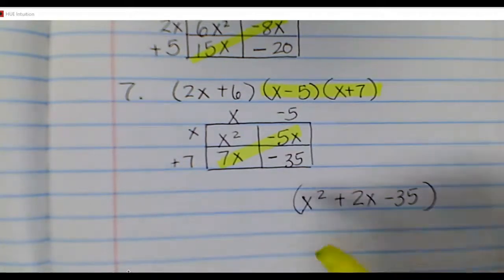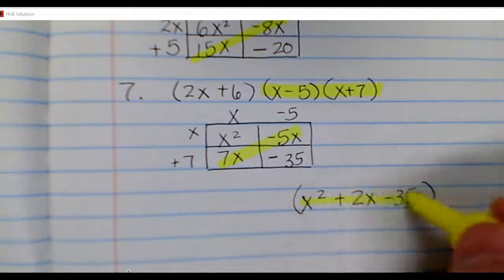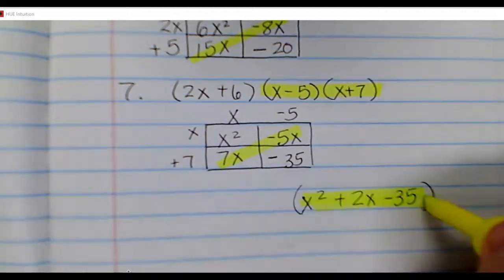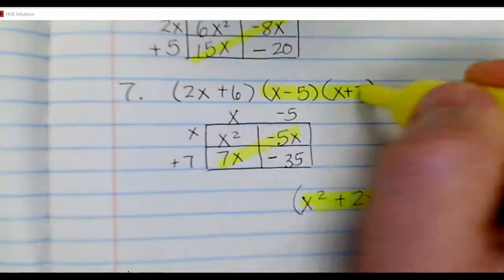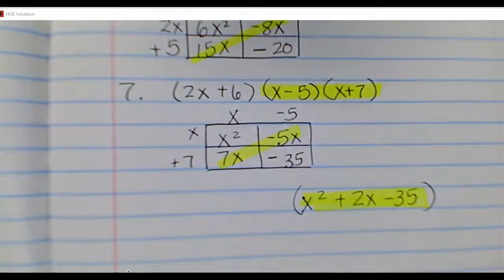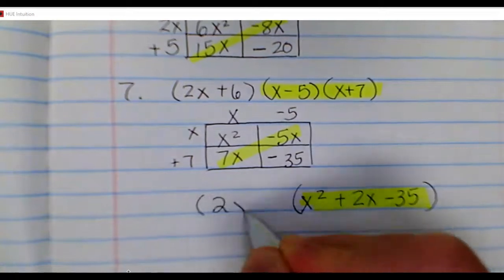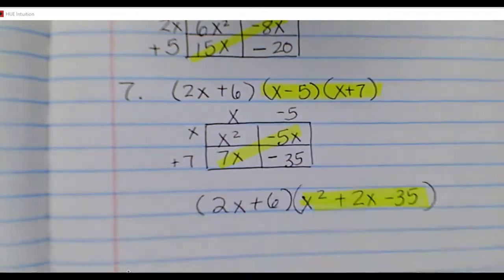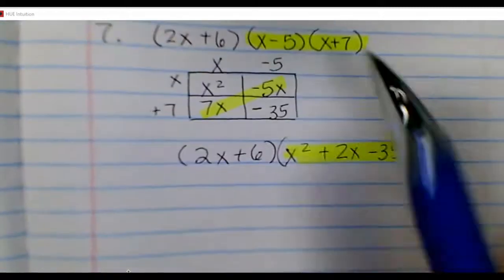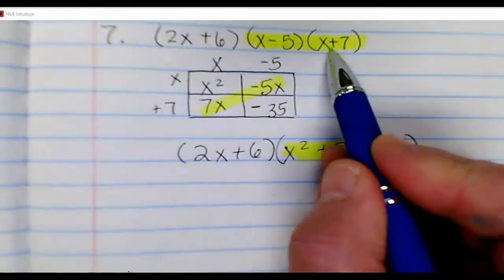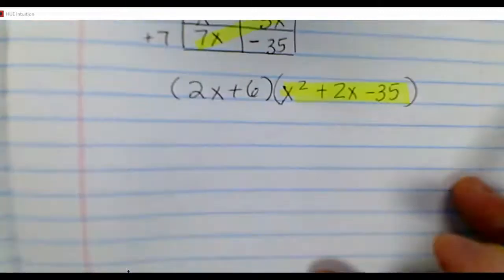This trinomial is the answer to this part right here multiplied together. But I still have a 2x plus 6 that I hadn't multiplied yet. So here's part 2. Multiply 2 at a time. So I multiplied these two together. Now I need to take that answer and multiply it by this one.